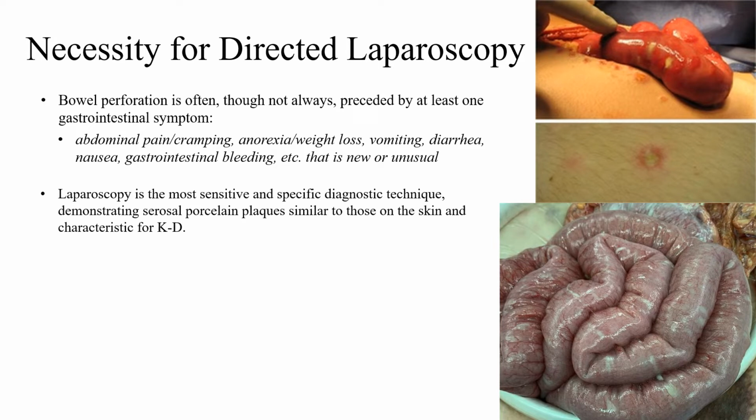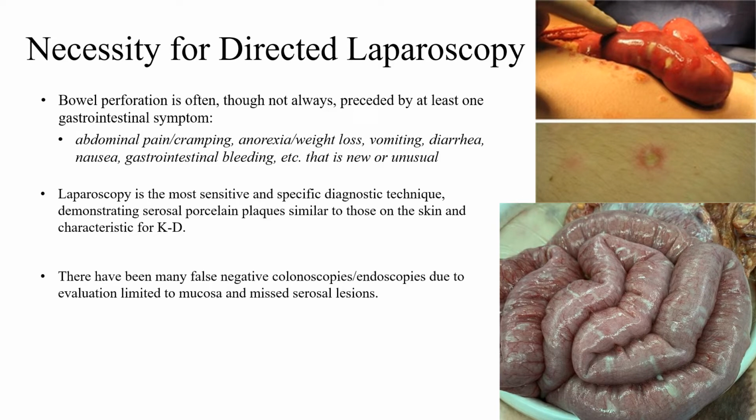We have found laparoscopy to be the most sensitive and specific diagnostic technique for detecting Kohlmeier-Degos disease bowel lesions, as it is the serosa of the bowel that demonstrates porcelain plaques similar to those on the skin and characteristic for KD. It is important to perform laparoscopy as this allows the observer to visualize the serosa, whereas colonoscopy or endoscopy will only show the mucosa, which may not have lesions.